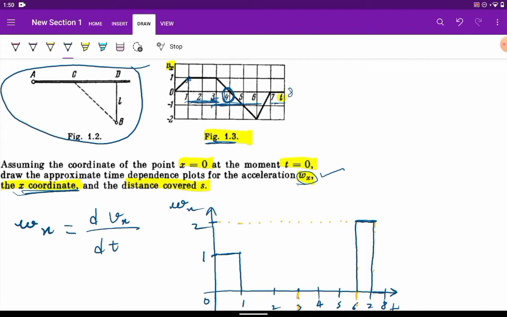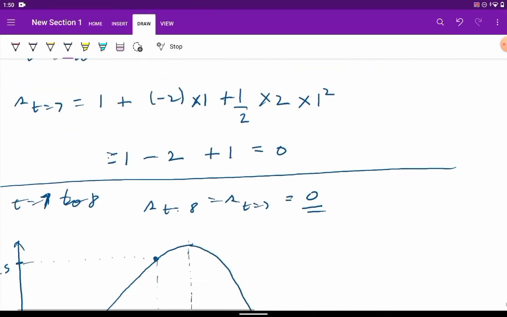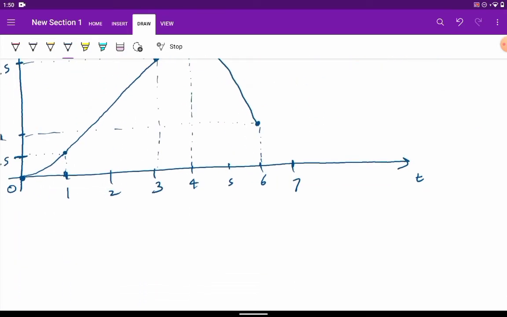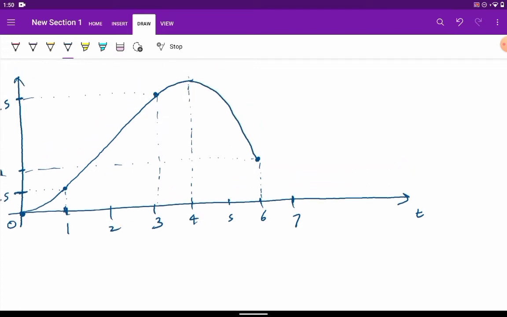So t equal to 6 is where you have the maximum negative velocity, or the maximum negative slope in the s-t curve. If we consider from 4 onwards, the body is going in a backward direction, so the maximum magnitude of the slope is at t equal to 6, and at t equal to 7 the body comes to a stop, so the slope becomes 0.